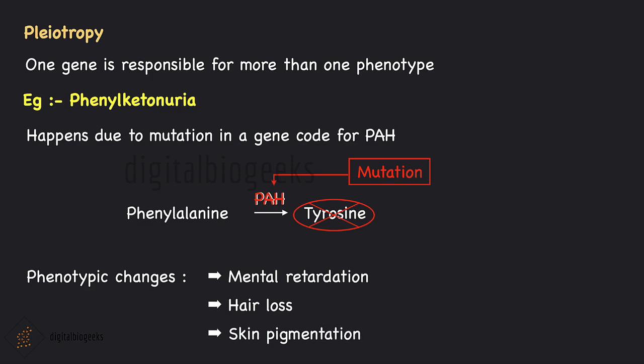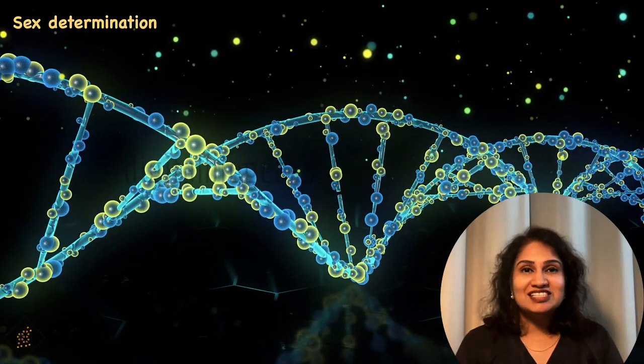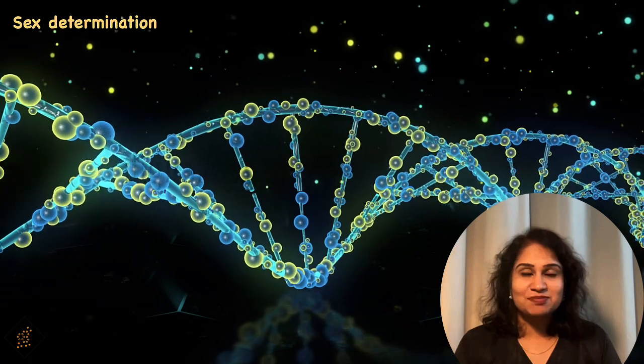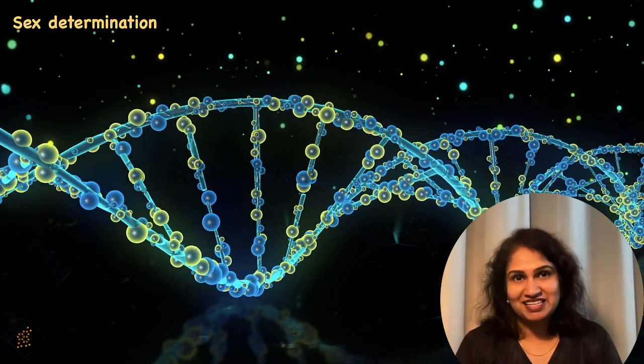Tyrosine is essential for melanin production. Without the presence of tyrosine, the production of melanin will cease and it results in skin whitening and early white hair. Here we saw that one gene is responsible for multiple phenotypes. That is called pleiotropy.